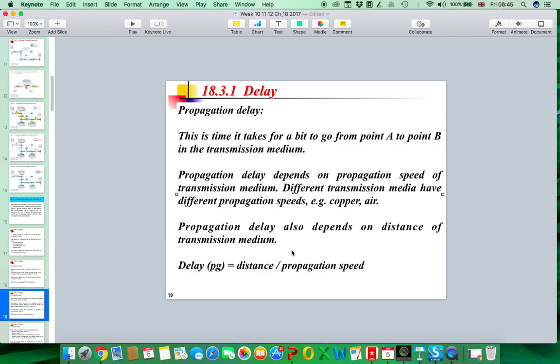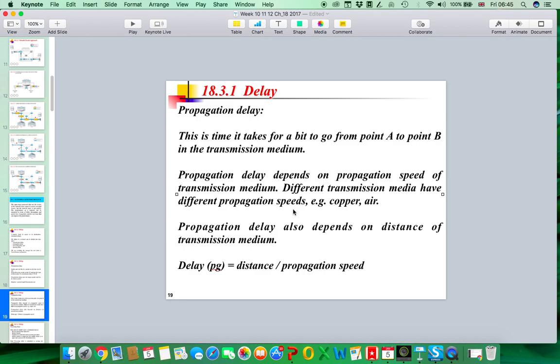So you will always have to calculate the propagation delay, even if the length of the wire remains the same, or the distance between the sender and the receiver remains the same, but the medium changes.